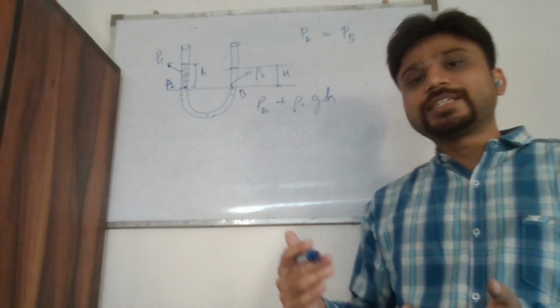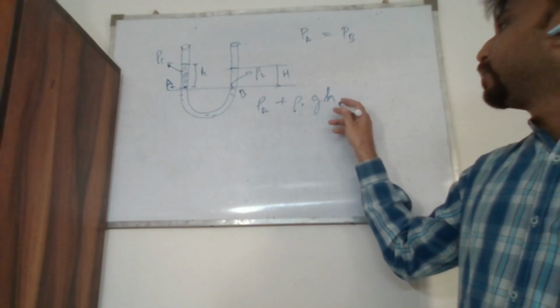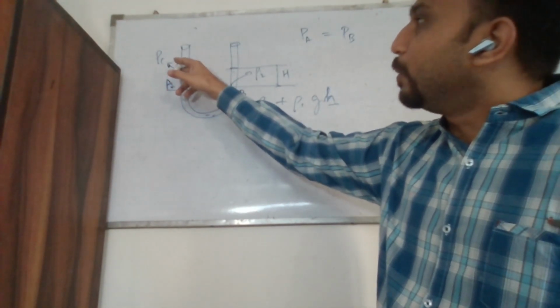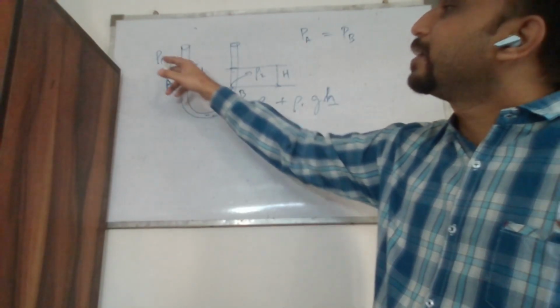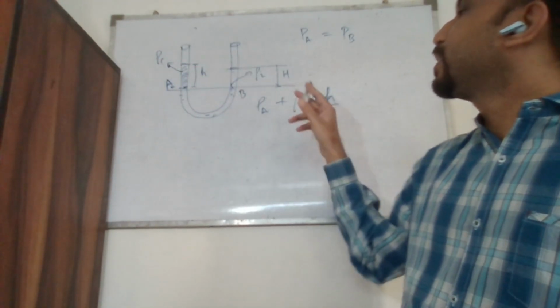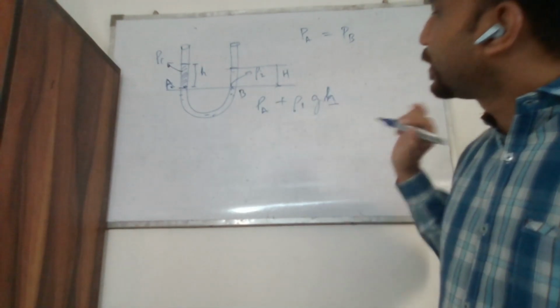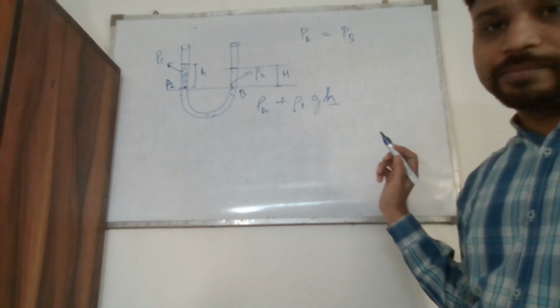The pressure is just decided by the depth value, that is H. So because we are going beneath or going down in the fluid number 1, our pressure is rho 1 GH. That is the only thing which we have to care for. That is what is the density, rho 1.